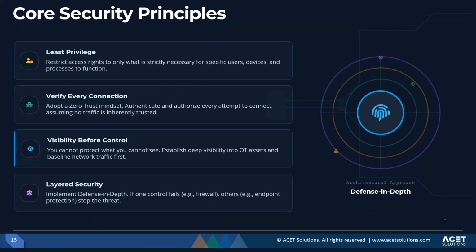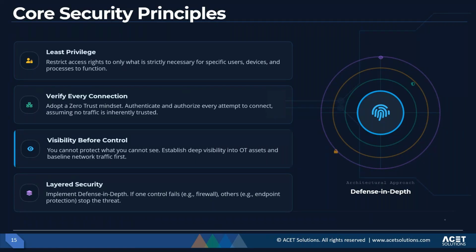Verify every connection. Zero Trust removes the old assumption that everything inside the industrial network is trusted. The principle shifts to never trust, always verify. Every user, every device, and every request should be validated, whether inside or outside of the OT network. Every communication path must be authenticated and authorized.